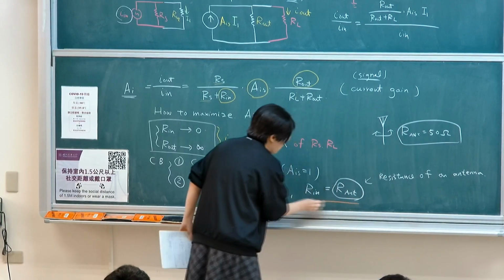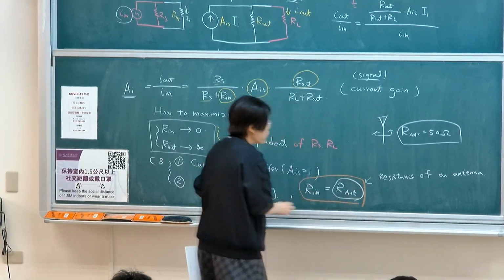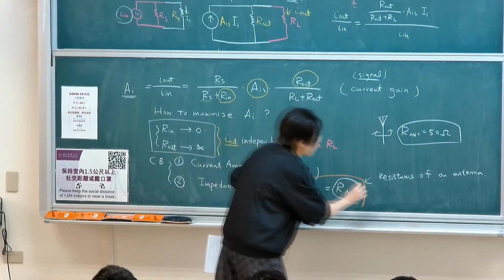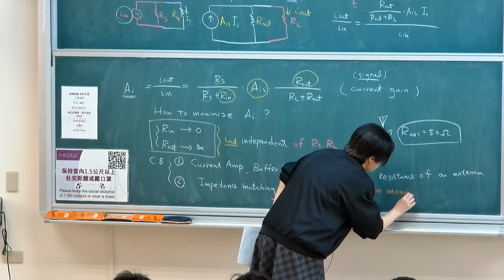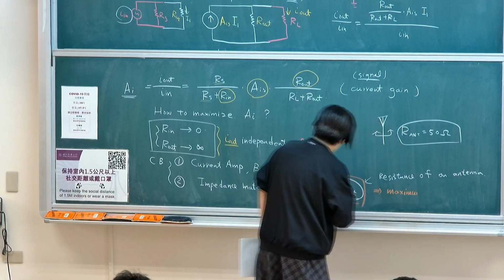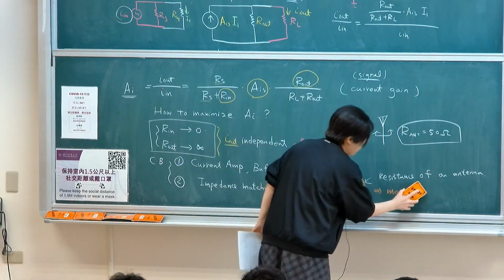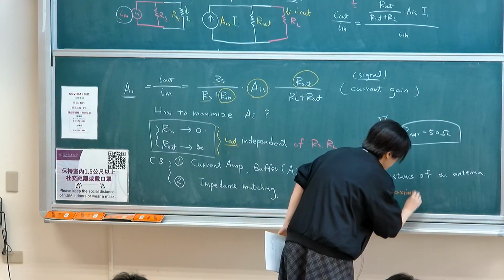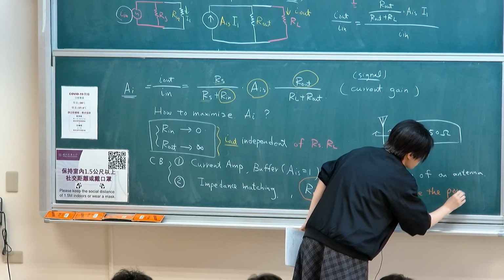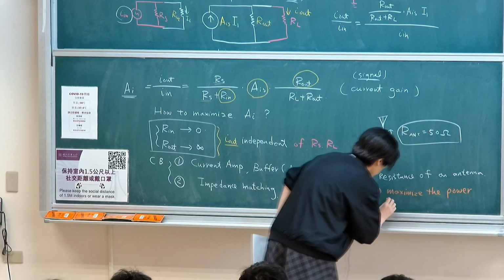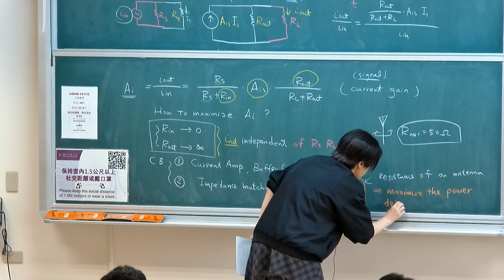You can actually do the exercise on your own, but I'm just saying that you want to make sure that it matches so that it will maximize the power delivered to the circuit.